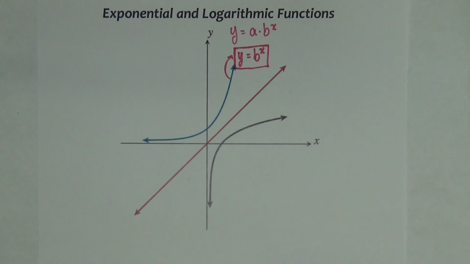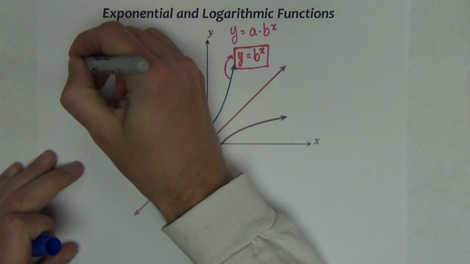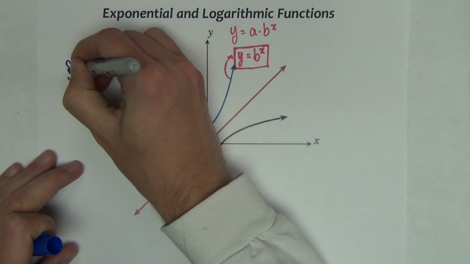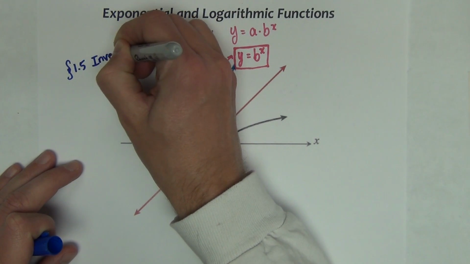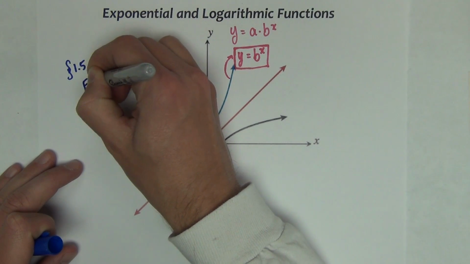Now if we go back to an earlier lesson, and I'm struggling to remember which lesson it was, I think it's lesson 1.5, quite possibly, Section 1.5 is where we talked about inverse functions.